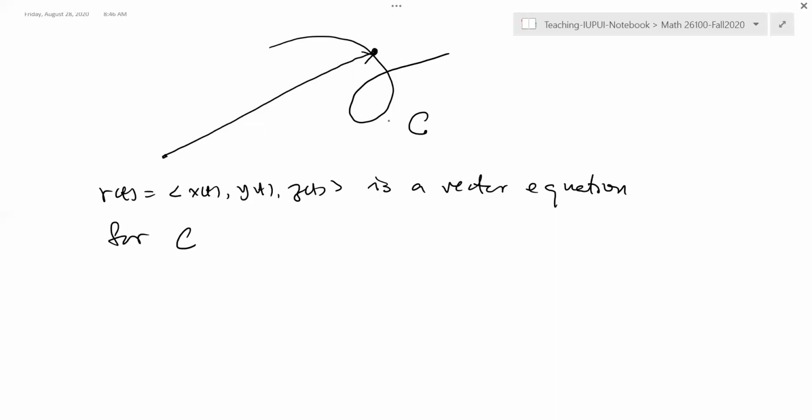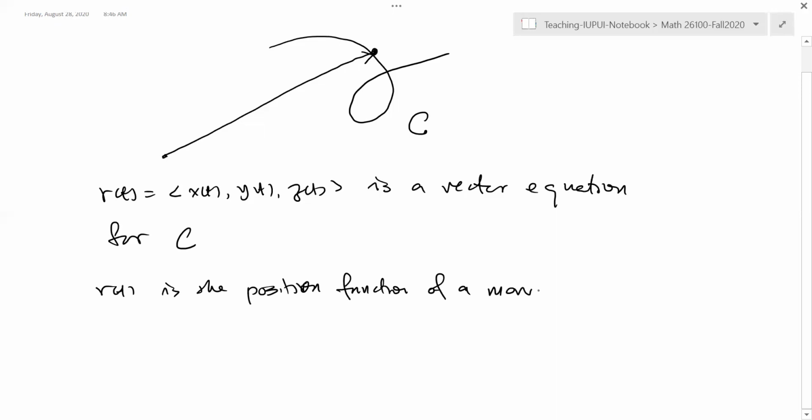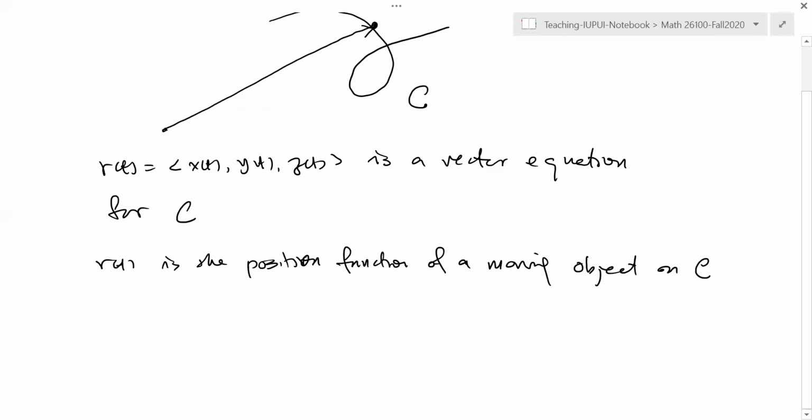Here r(t) can be viewed as the position function of a moving object on C. So how do you find the derivative?